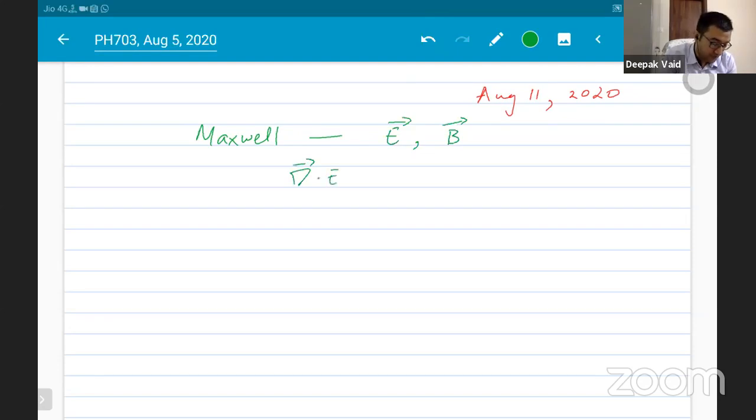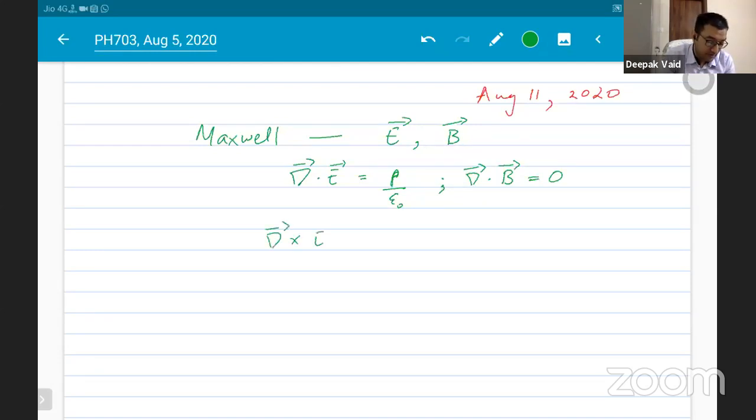So one of these equations, for instance, is the statement of Gauss's law that if you have some charge density rho, right, then the divergence of the electric field is equal to the charge density. Then you have the Gauss's law for magnetism, which says that there are no magnetic monopoles.